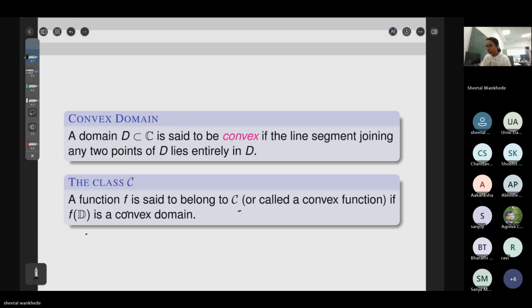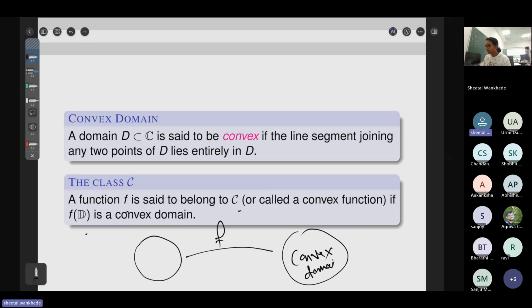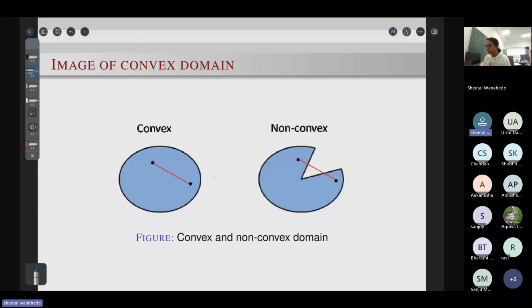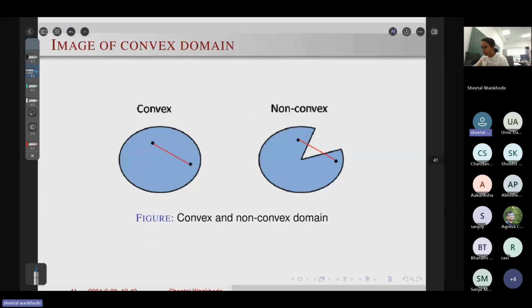That means we have a function f which maps the unit disk onto some convex domain, and then we can say this f is convex. So we see this image. This is a convex function and this is a non-convex function, because the line joining these two points does not lie in that domain.